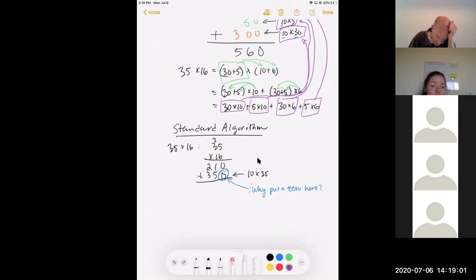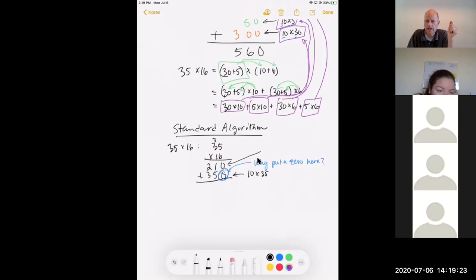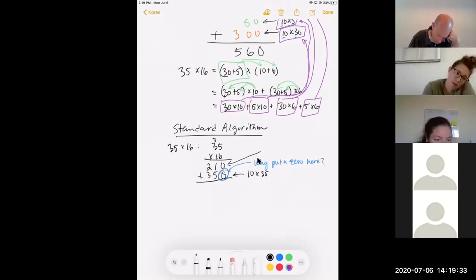So let me move this part in here, because that was our answer. Where does this row come from? What did I multiply to get 210 there? 6 times 35. Right, you're only considering the 6 times 35.